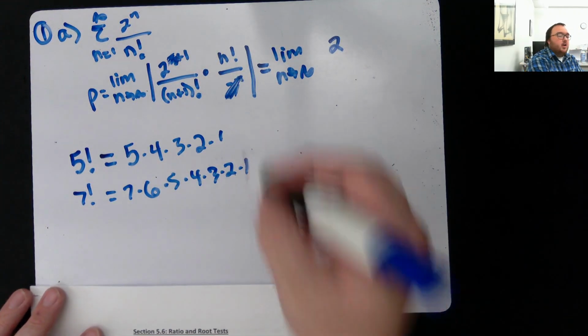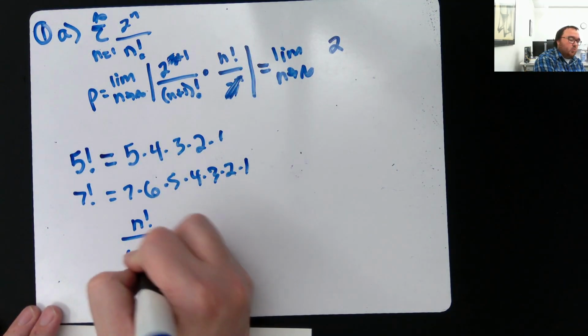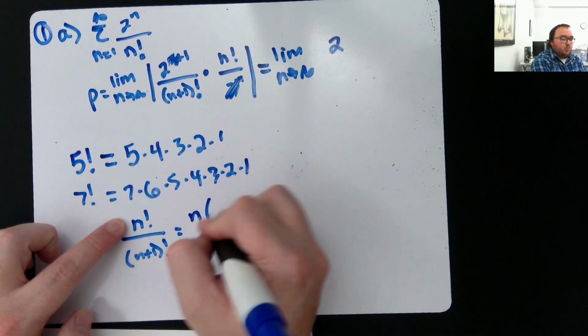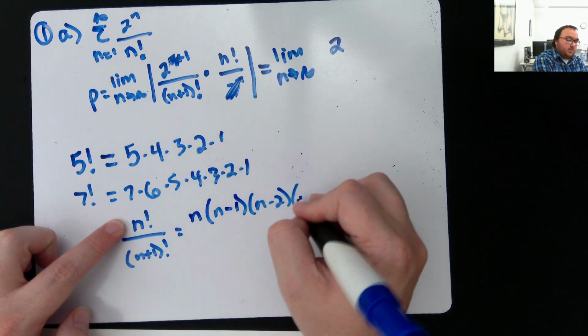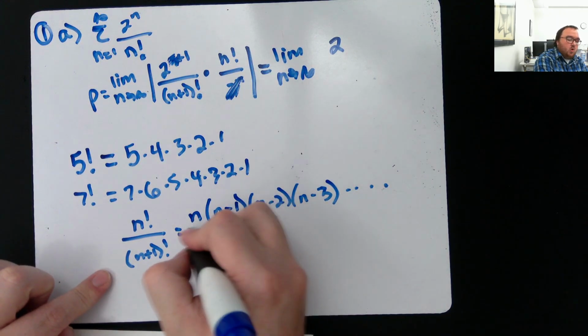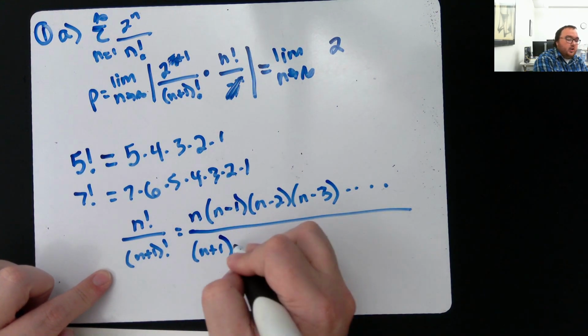So when on top I have n factorial, and on the bottom I have n plus 1 factorial, n factorial means I'm going to do n times whatever is after n, times whatever is after that, on and on, right? For n plus 1, I'm starting at n plus 1. You take away 1, you get n.